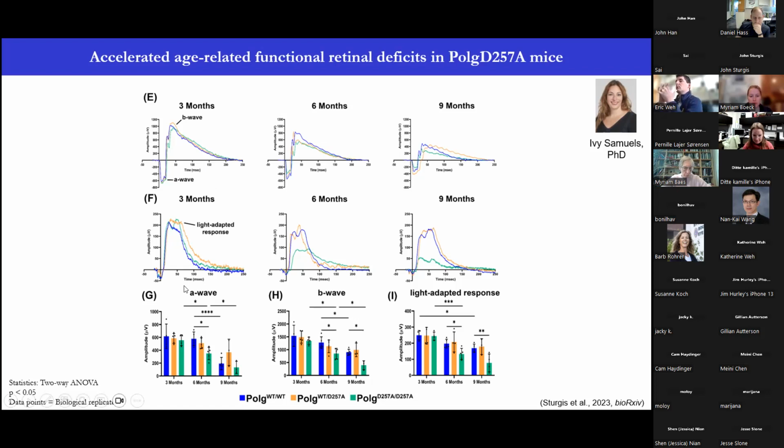What we saw was a decrease in A wave by 6 months of age, which is the rod photoreceptor response, or just general photoreceptors, and then also a decrease in B wave amplitude. Probably the most significant decrease was in the light adapted response, which is a measure of the cone photoreceptor cells. These are all occurring as early as the 6-month time point, just like we saw the decrease in the OCT as early as the 6-month time point in the ONL.